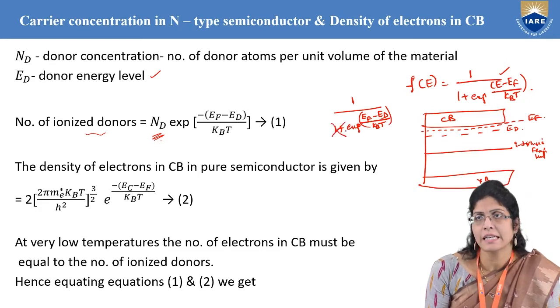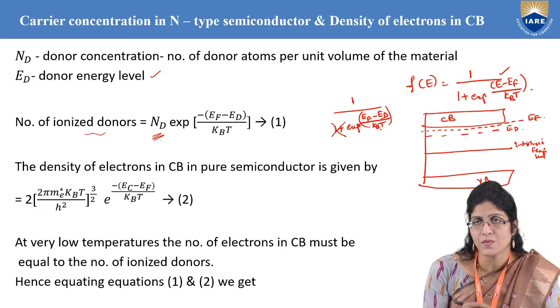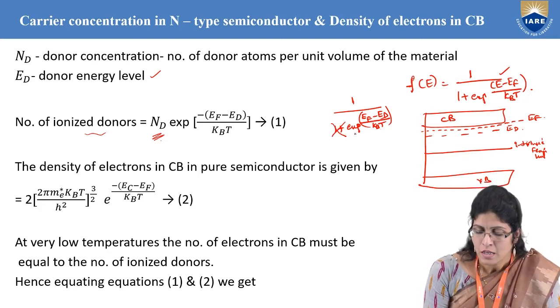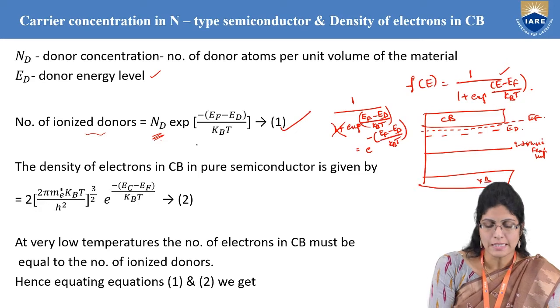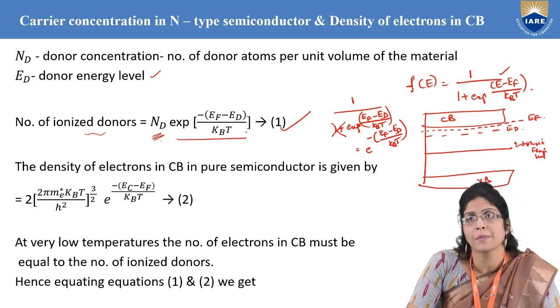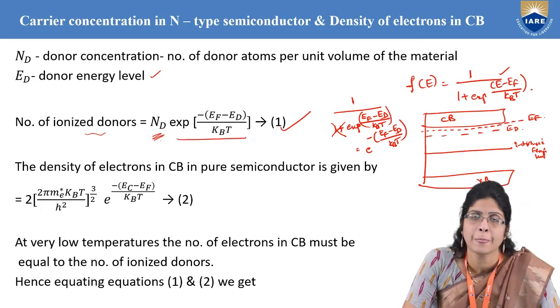Hence 1 can be neglected. If you want to know the reason why, you can go back to my previous video lectures where I have explained very clearly. So 1 by e to the power of x can be written as e to the power of minus x. Thus you arrive at the probability as exponential of minus (EF minus ED) by kBT.